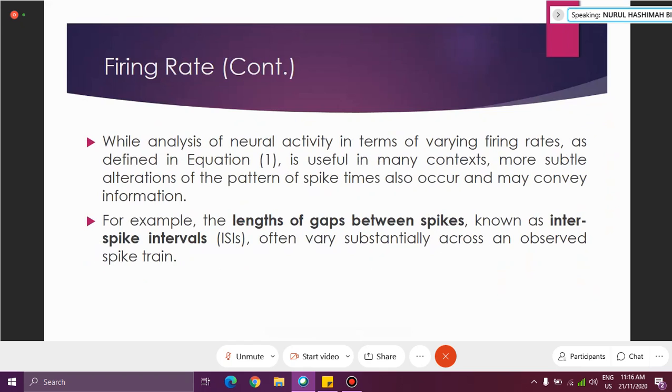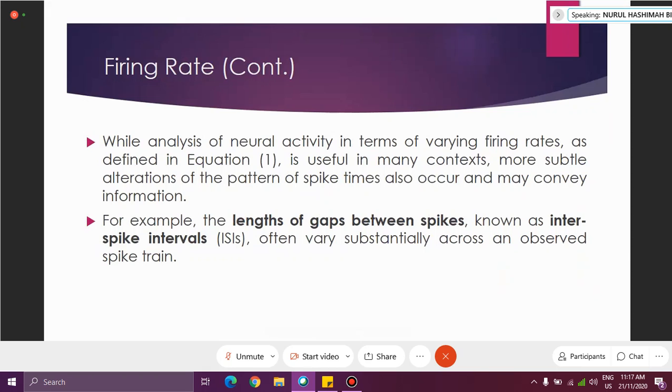While analysis of neuroactivity in terms of firing rates has been defined earlier, and is very useful in many cases, a more subtle alteration of the pattern of spike times also can contain information. So pattern does give a lot of information.